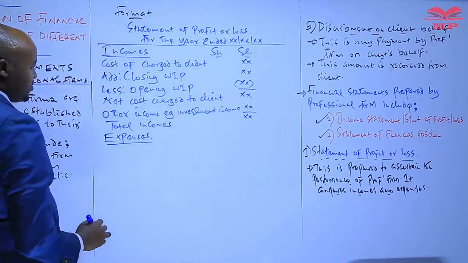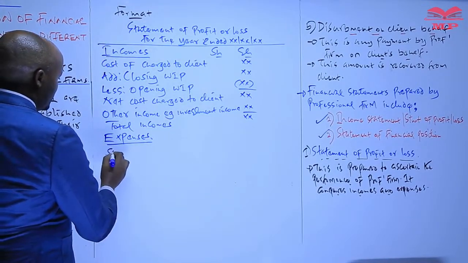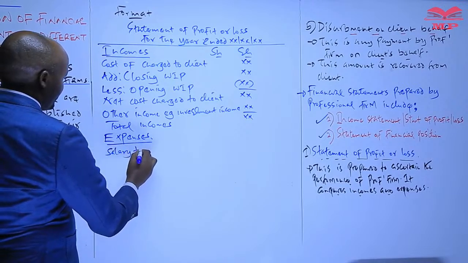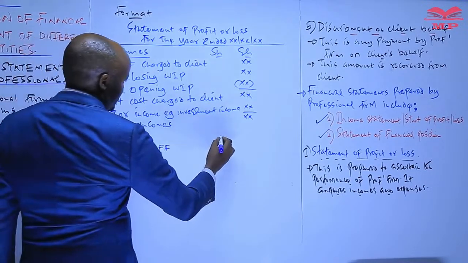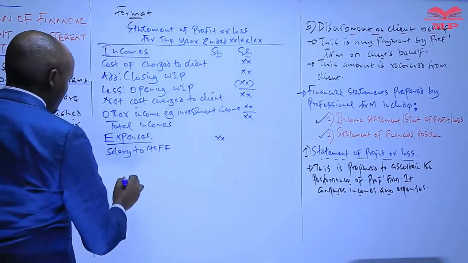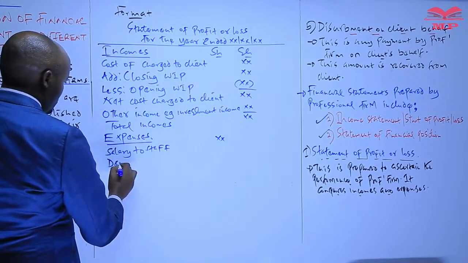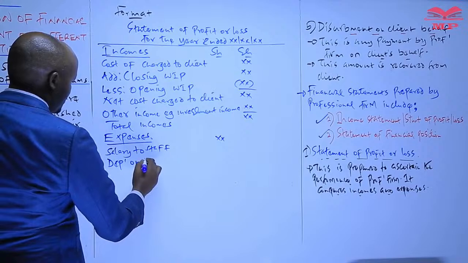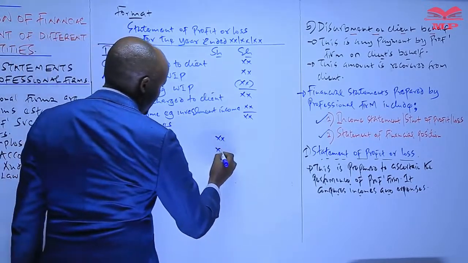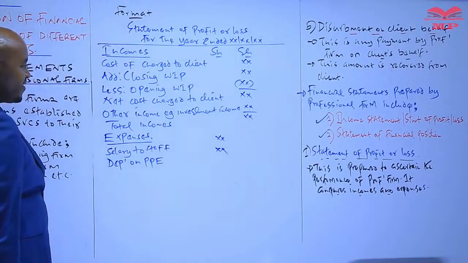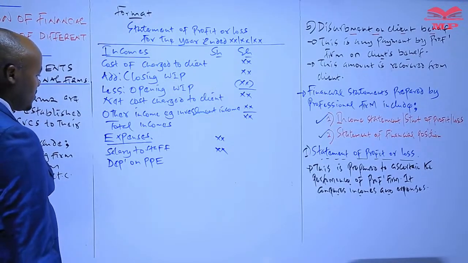Some of the expenses which may be incurred by a professional firm include things like the salary to staff. We record them in the first column, things like depreciation on PPE. These are tangible non-current assets which are owned by a professional firm, things like furniture and fittings, motor vehicles, and so on.